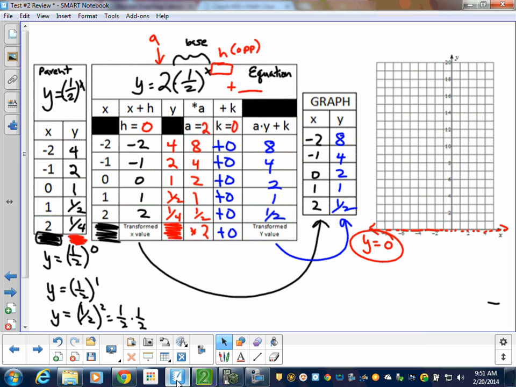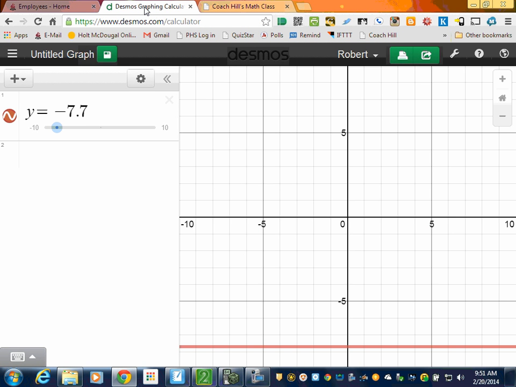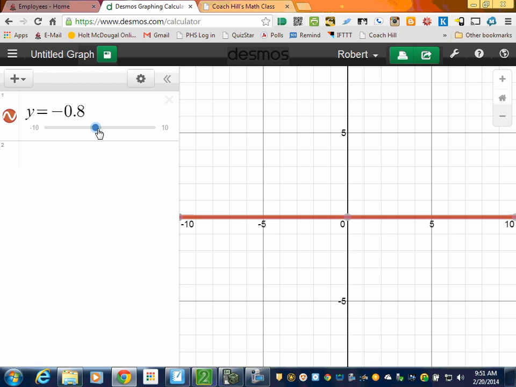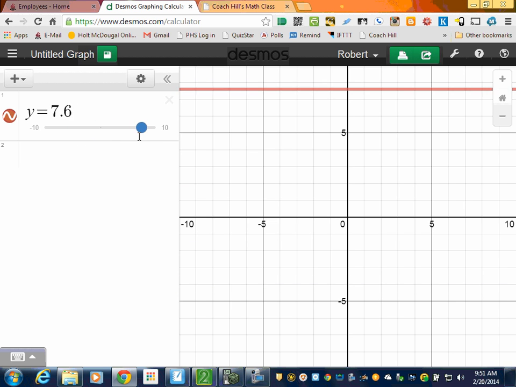For those of you still struggling to see why y equals 0 is a horizontal line, guys, look, here's a horizontal line on Desmos. I plugged y equals 0 into the calculator, and it grabbed this horizontal line for me. Let me show you, that horizontal line is y equals a number.